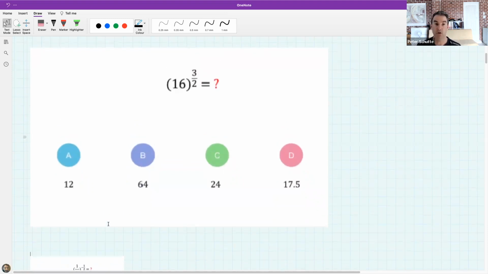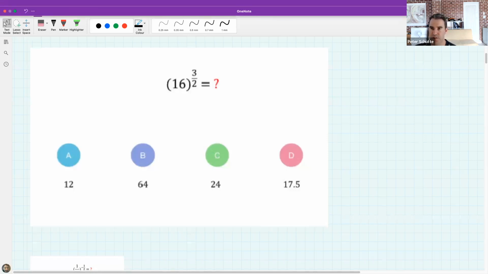No calculators, sorry, that's the other thing. This is just using laws of exponents. And for those who feel very comfortable with this, tell us in the chat, what do you think the first step is?